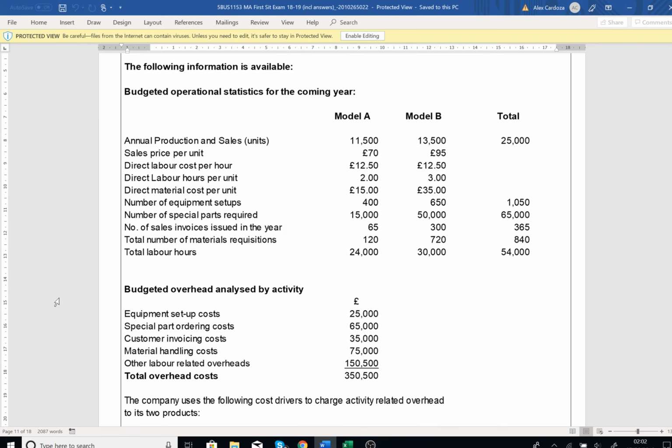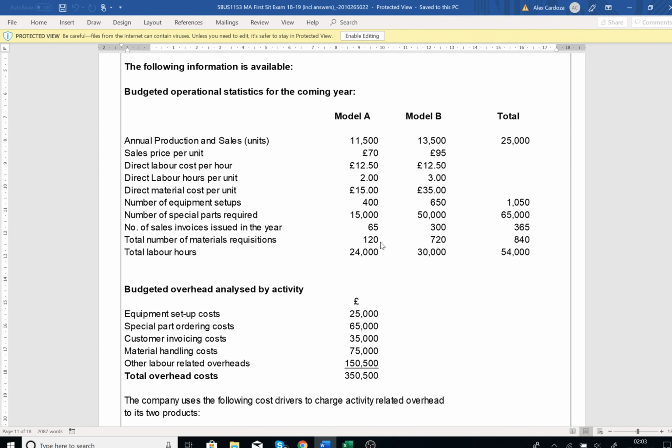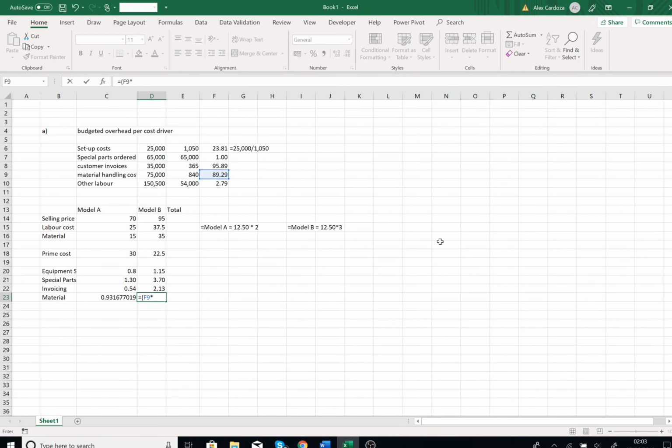So that doesn't matter that much, because material 120, so we do equals 120, and you know the score by now. So we do equals 120 times by that, divided by 11,500, and we do times here 720 divided by 13,500.